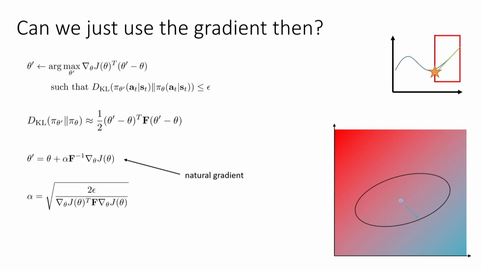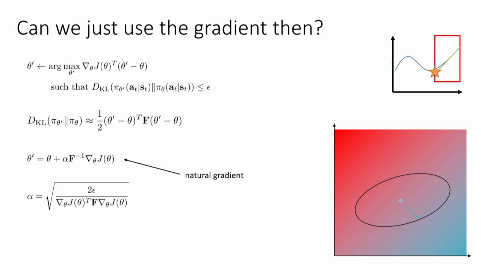Reparameterizing your distribution like that will change the gradient, and it will change how much each gradient step changes your distribution, but it will not change how much the natural gradient changes your distribution. So the natural gradient, for every step, will change your distribution by the same amount, regardless of how you parameterize it, which means that this issue with different parameters affecting the distribution by different amounts is compensated for by using the Fisher information matrix. So this is closer to the constrained optimization that we wanted all along.